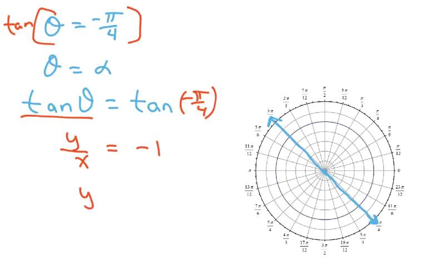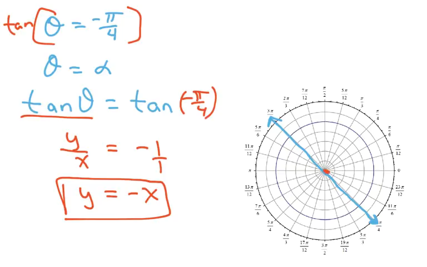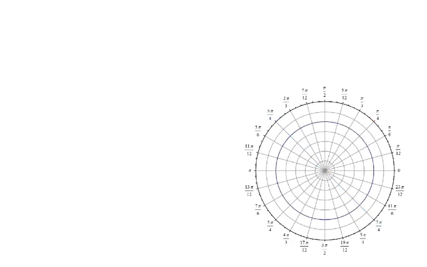So if you cross multiply, you get y equals negative x. It makes sense because this is a 45-degree angle. If it was positive, it would go through pi over 4, which is 45 degrees.